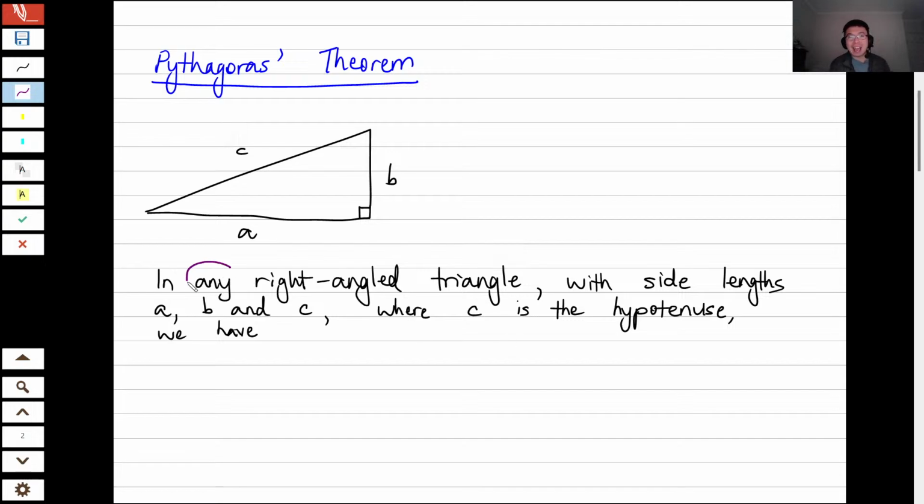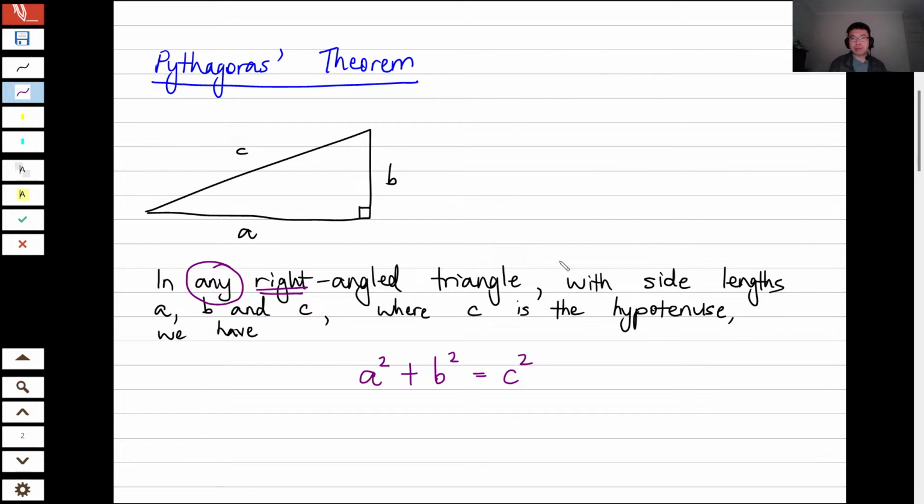In any right-angled triangle, doesn't matter how long the sides are, as long as it's a triangle, as long as it's right-angled, then I get this really, really nice, simple formula. a squared plus b squared equals c squared.